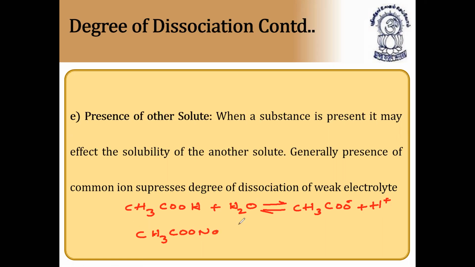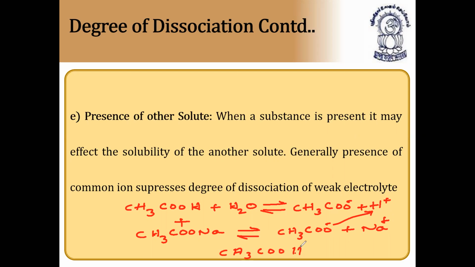If you add sodium acetate to this solution, it further dissociates to form CH3COO minus and Na plus. This CH3COO minus combines with H plus and finally gets back to acetic acid.